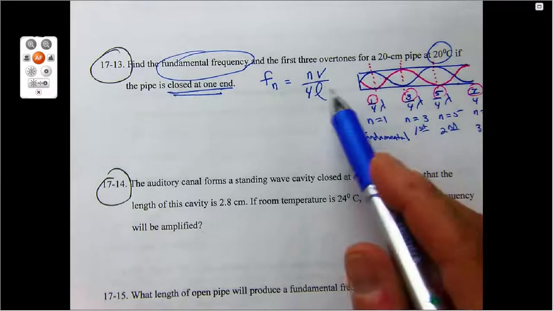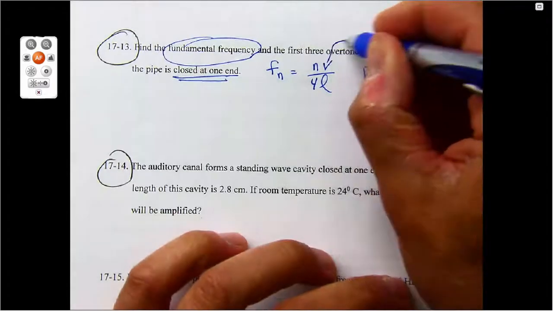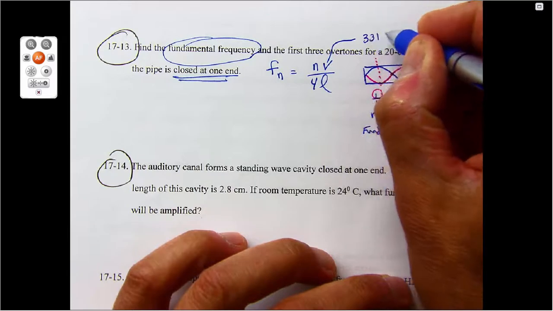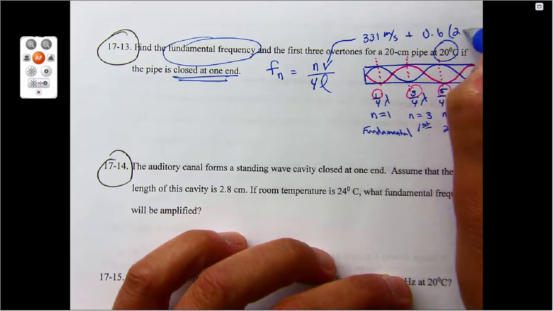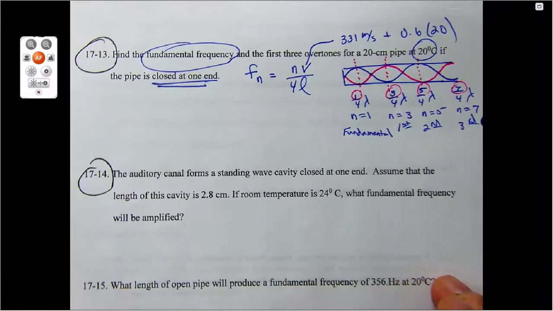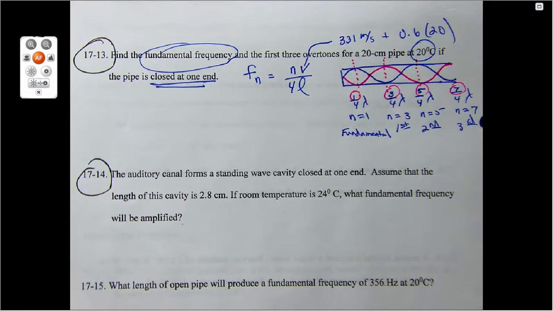So for the fundamental, we put a 1 in here now. We have 20 degrees, so we'd have to calculate the velocity of sound at 20 first. That's going to be our V. So this V right here is going to be 331 meters per second plus 0.6 times 20. That gets me another 12.